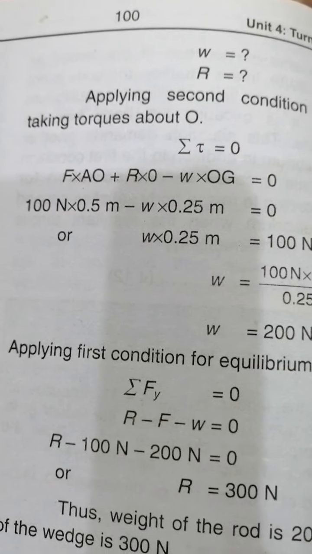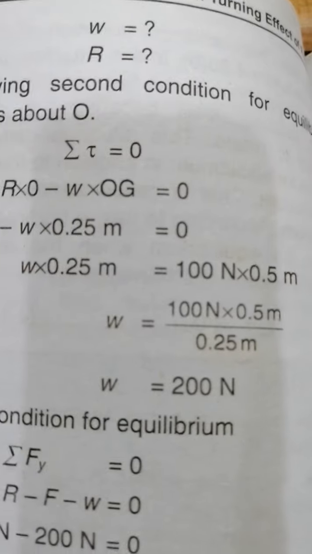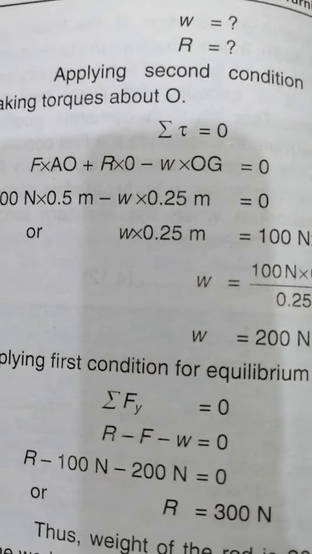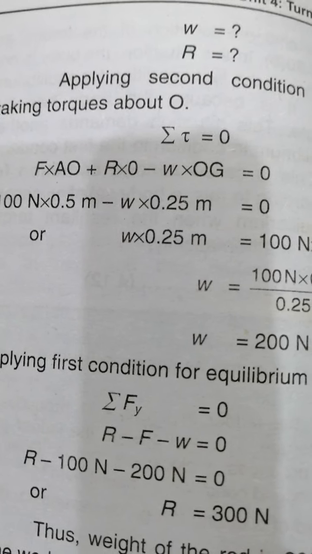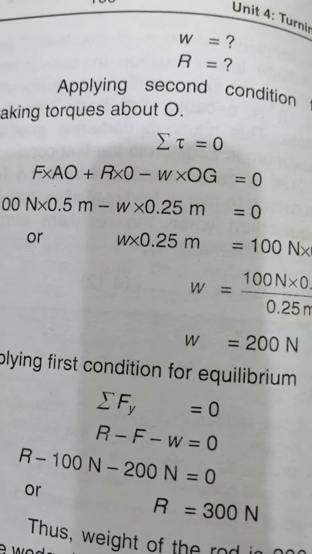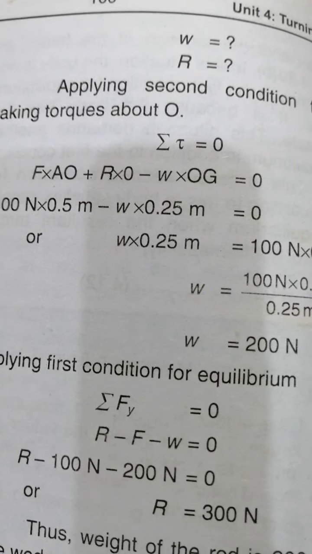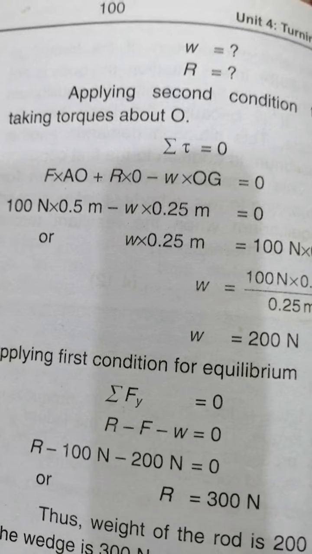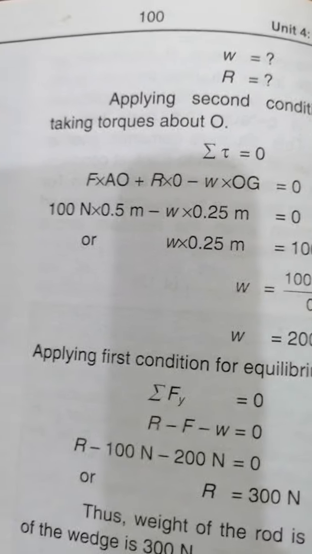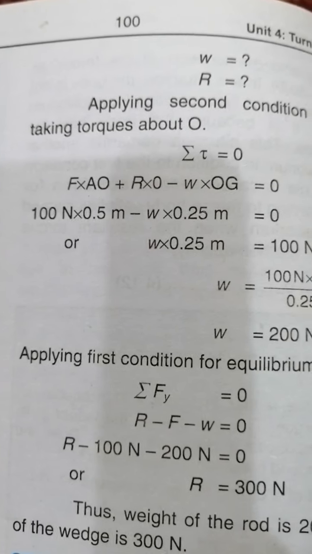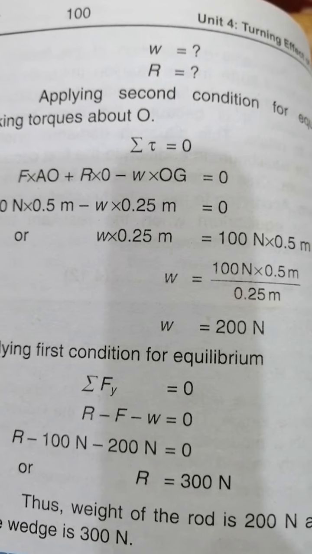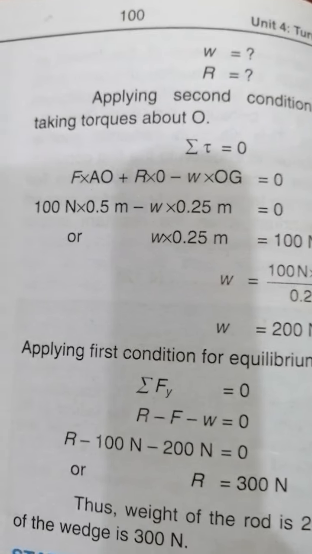The moment arm of W is OG, so we will multiply W by OG. But the moment arm of R is 0, because the moment arm is always the distance of the force from the pivot. R is at the pivot, so the torque of R will be 0.